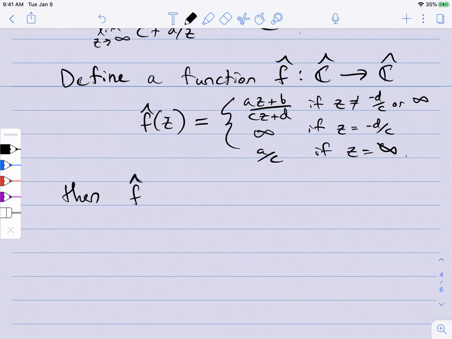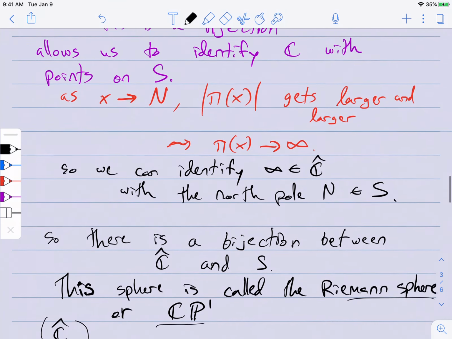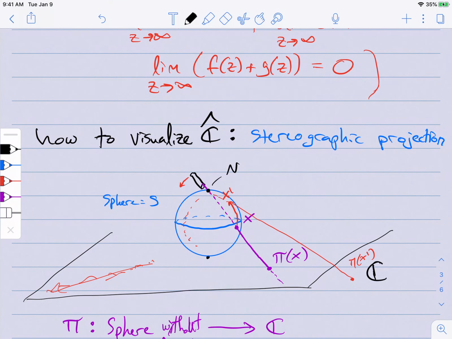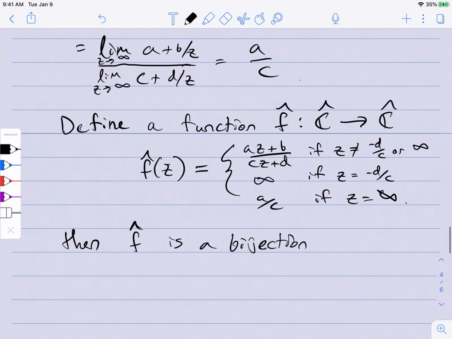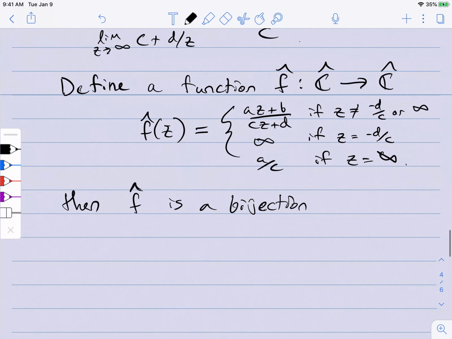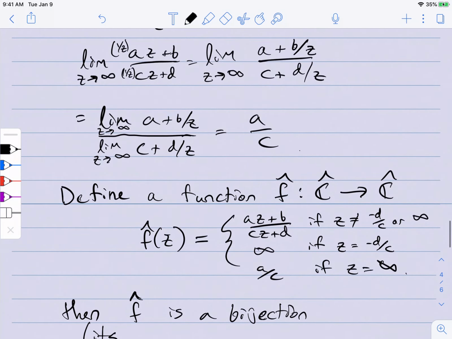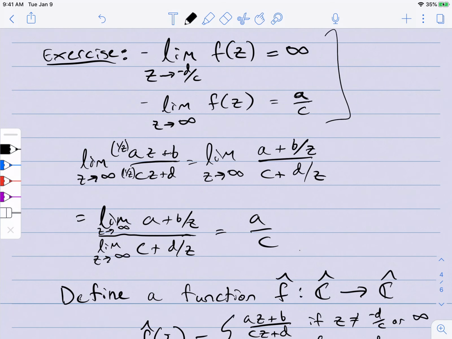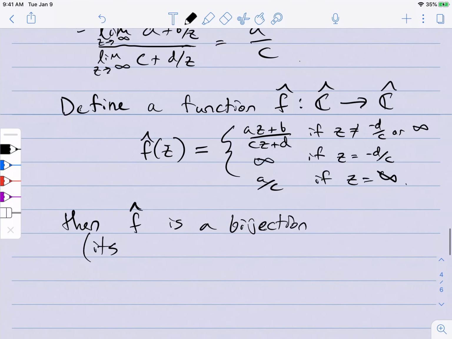And then it turns out that f hat is a bijection from the extended complex plane to the extended complex plane. So another way to say it is f hat gives a function which moves all the points on the sphere to other points on the sphere if I identify the sphere with the extended complex plane. And also, the fact that we have these limits here also tells you that it's a continuous function.